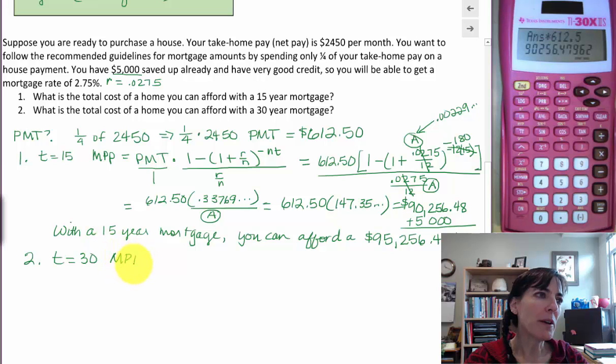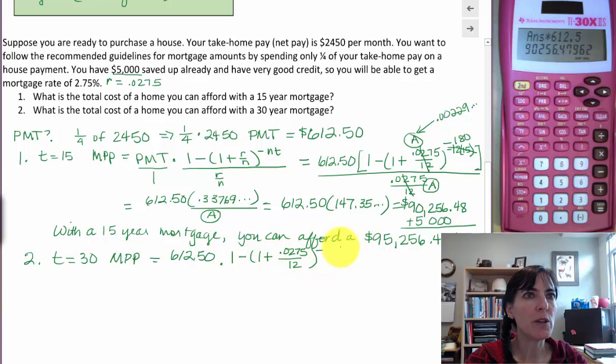Same formula, MPP equals, and I'll just go ahead and plug in the values, still using the $612.50, still taking 1 minus 1 plus 0.0275 divided by 12 to the negative. Now it's going to be 12 times 30 years instead of times 15. So that's where our change comes in.